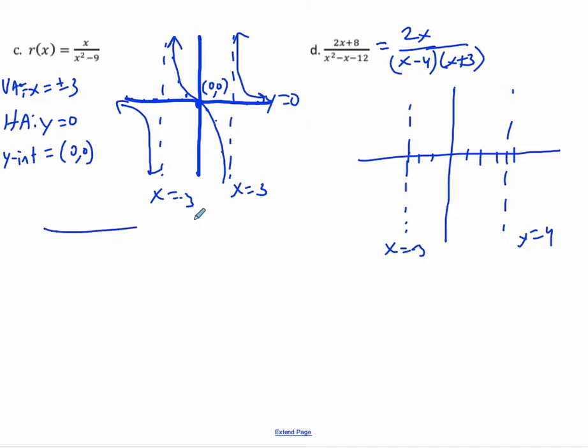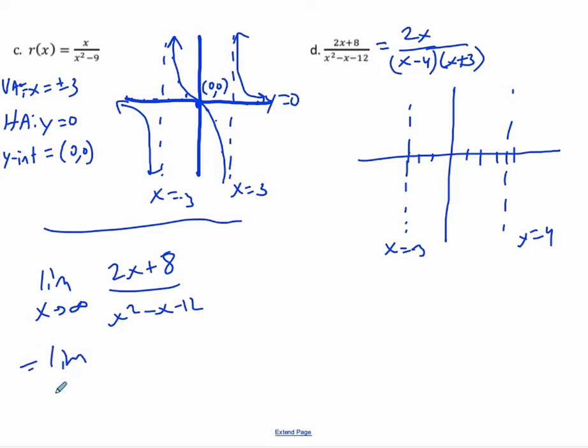Well, you can do the limit as x tends to infinity of (2x plus 8) over (x squared minus x minus 12). Divide everything by x squared. I have 2 over x plus 8 over x squared, over 1 minus 1 over x minus 12 over x squared.